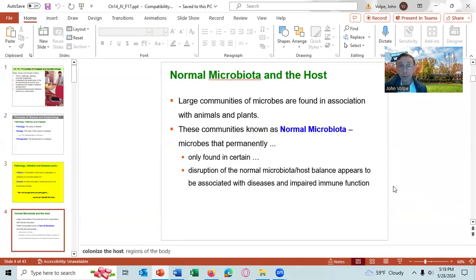The normal microbiota is a very large community of microbes that are found in association with animals and plants. These communities are known as the normal microbiota, microbes that permanently colonize a host and tend to permanently live with that host.